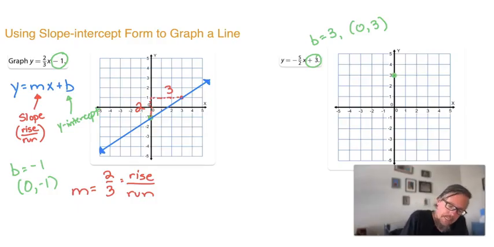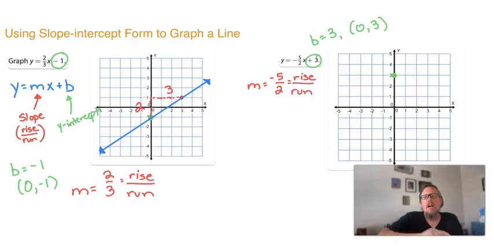Our m is -5/2, and that is our rise over run. Now this time our slope is negative, and that means instead of going up from left to right, our line is now going to go down from left to right.